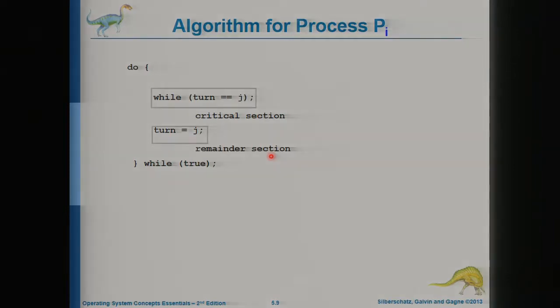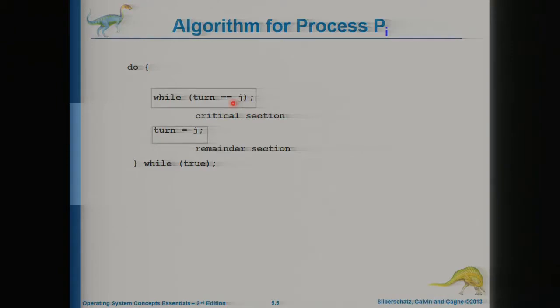If you take two processes i and j, this will work like this. Here, while turn is equal to j, if it is the jth process's turn, then there is a semicolon. Can you see this semicolon? This semicolon indicates that you do nothing but repeat this while loop. So while turn is equal to j, when it is somebody else's turn, I am going to wait for that other person to finish.